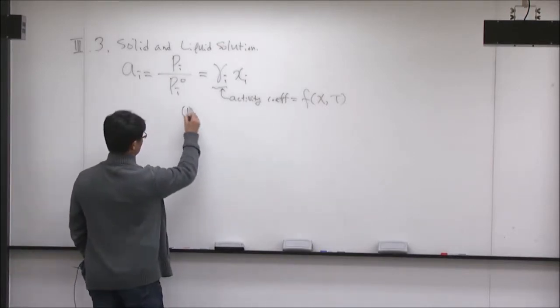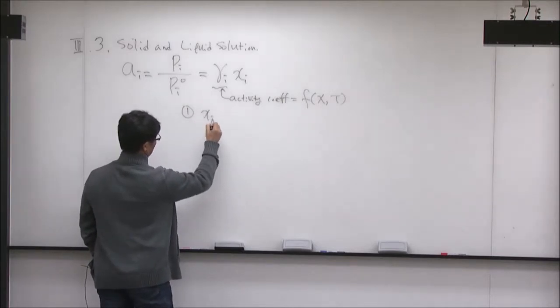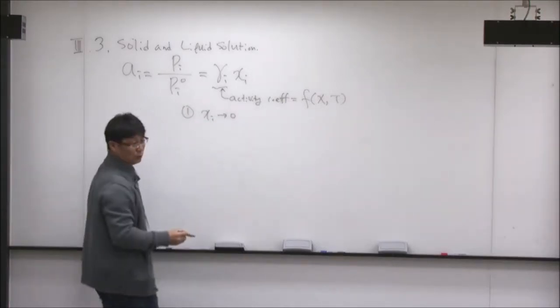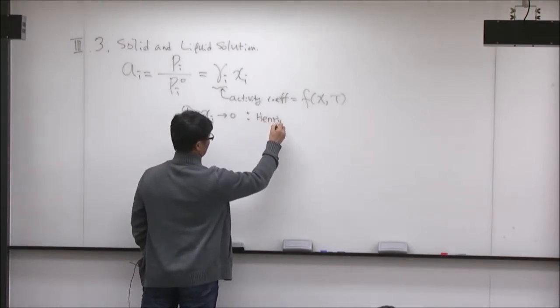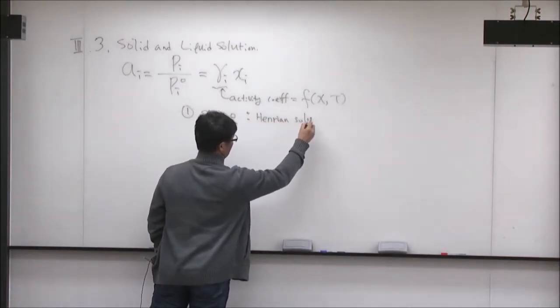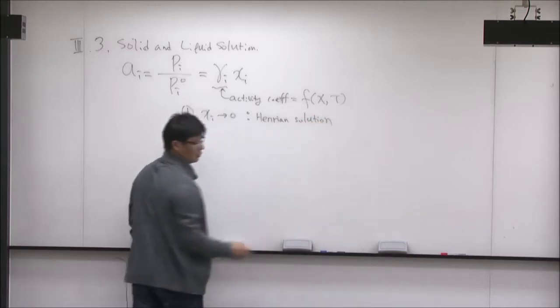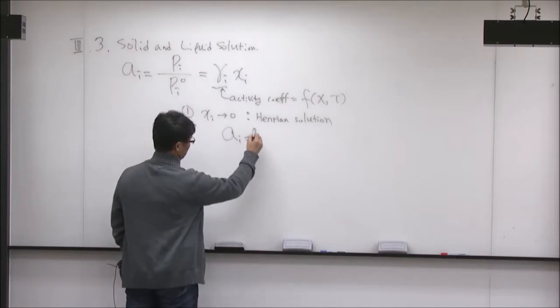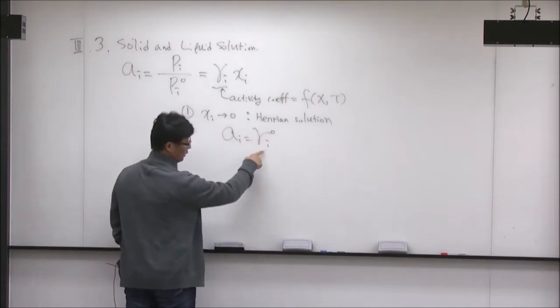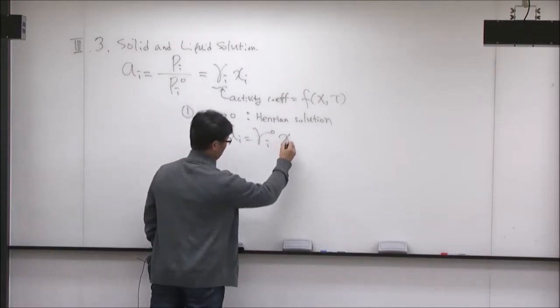One is when xi becomes almost 0. We call this the Henrian solution region for I. In this case, activity of I is a constant activity coefficient times mole fraction.